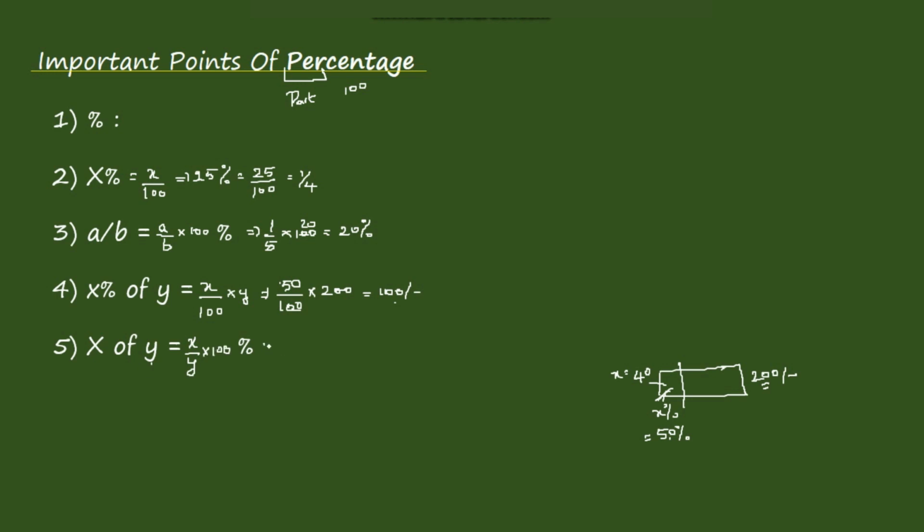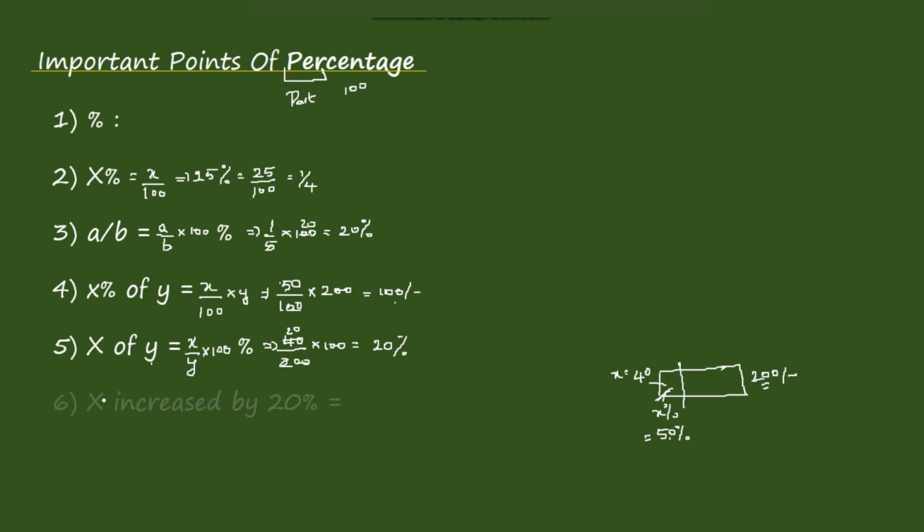Converting 40 into a percentage, it becomes 40 by 200 into 100. The zeros get cancelled, which is equal to 20. So you are using 20 percentage for chocolates.